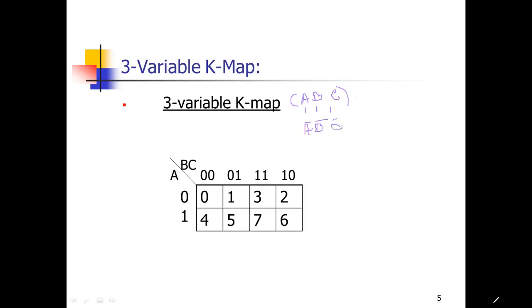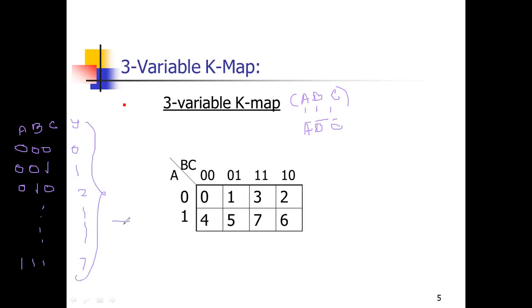This is the truth table of A, B, C with the output Y. That means 0 0 0, 0 0 1, 0 1 0, like that, up to 1 1 1. So this is 0 1 2 up to 7. This truth table is written here.